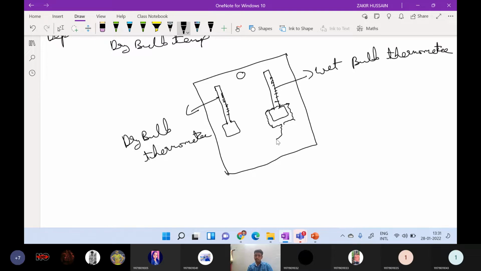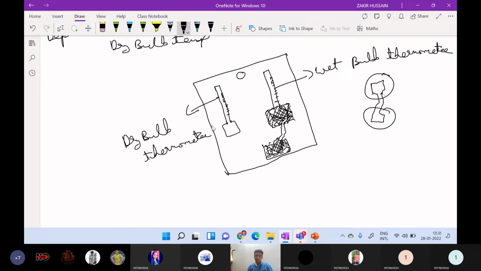The other end of the wick will be dipped into a water vessel or water container, so as to provide wetness to the cloth.